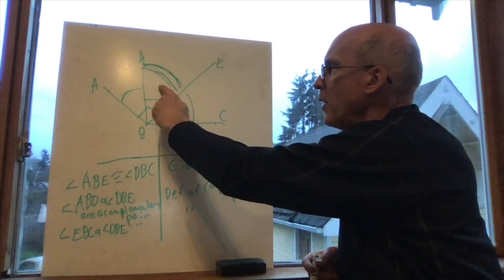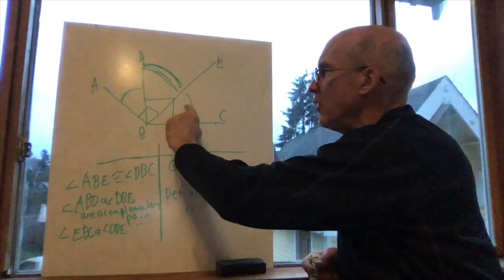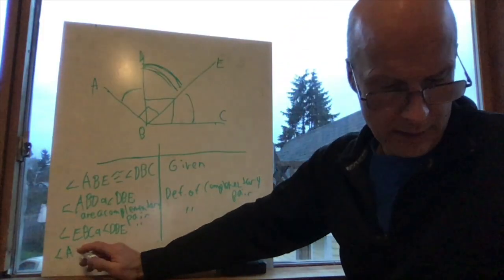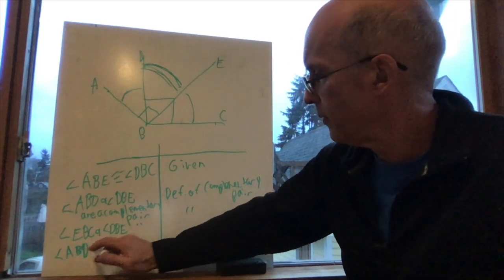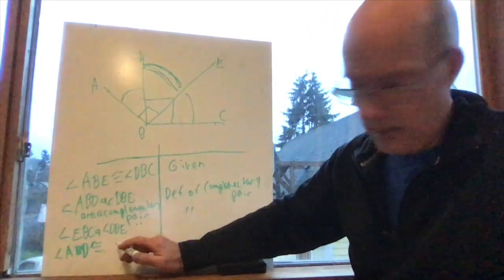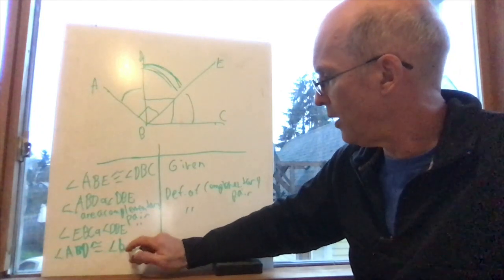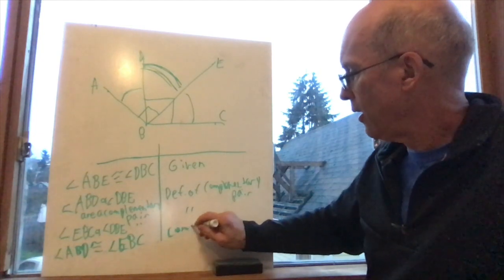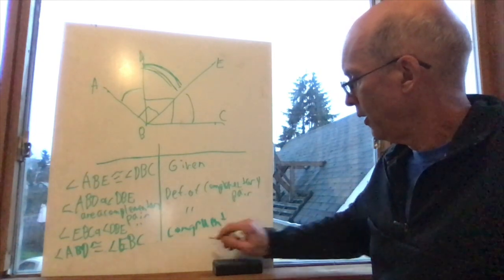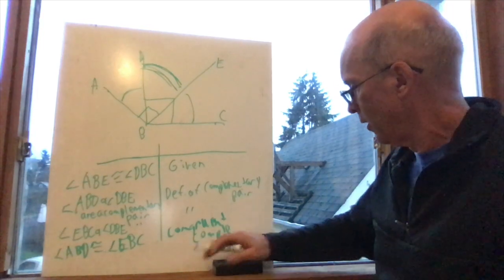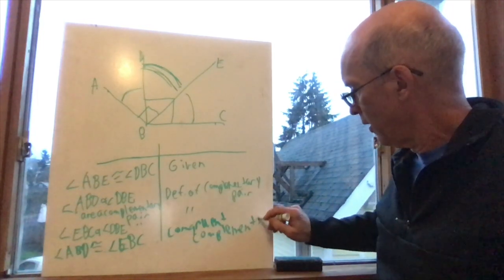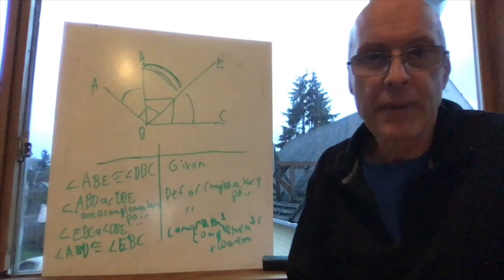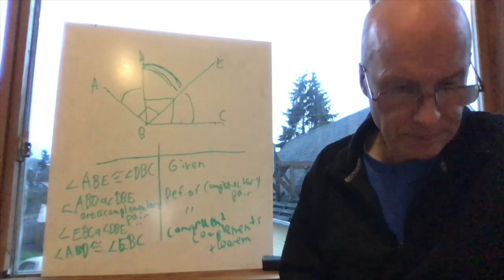This is a complementary pair with it. So that proves that this is equal to that. So angle ABD is congruent to angle EBC. And we know that by the congruent complements theorem. Okay, a little messy, but hope you get the idea.